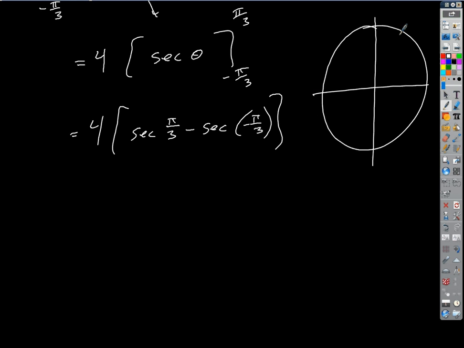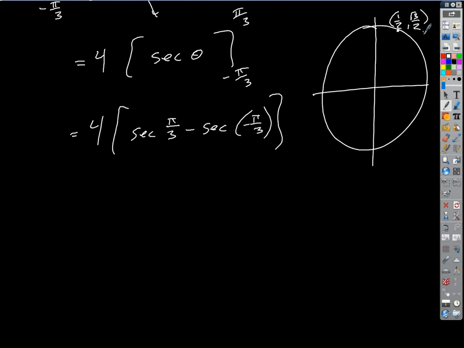So pi thirds is up there, right? What are the coordinates at pi thirds? It's over small, up big, right? You can do the little hand trick if you want to.